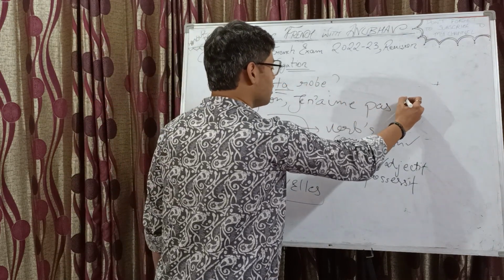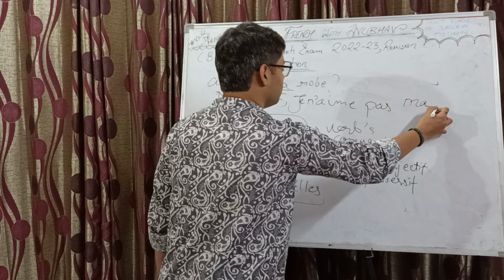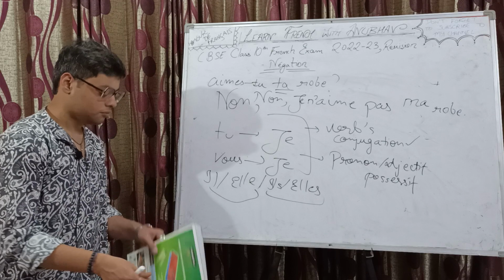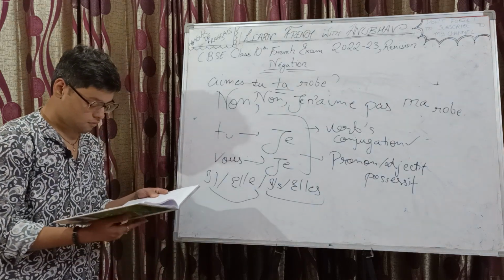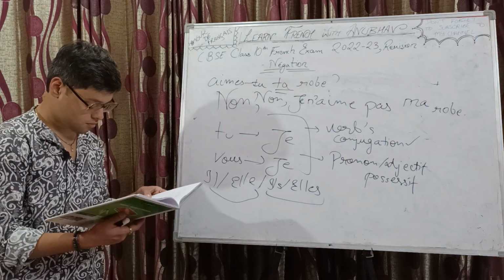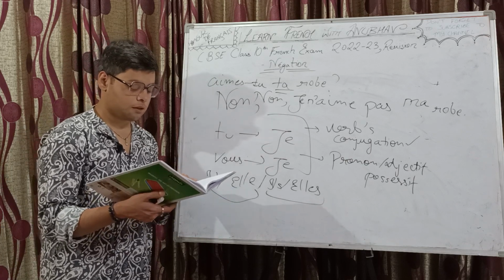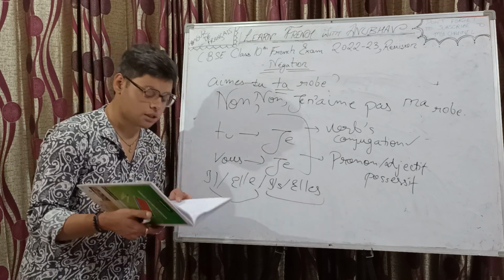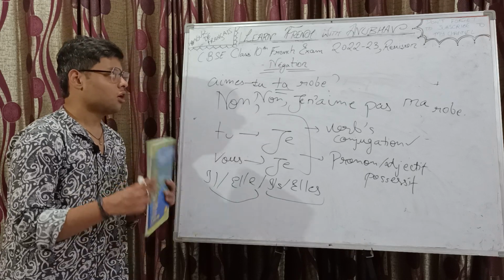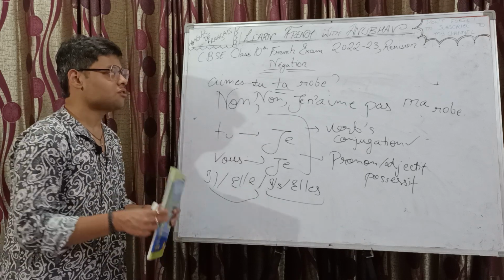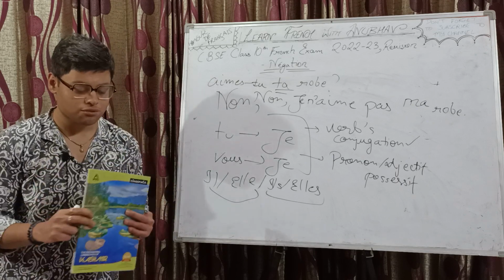It will become ma robe. Easy, isn't it? Right. So that's pretty much it for the concept discussion for negation in both ways, basic negation and negative expressions.